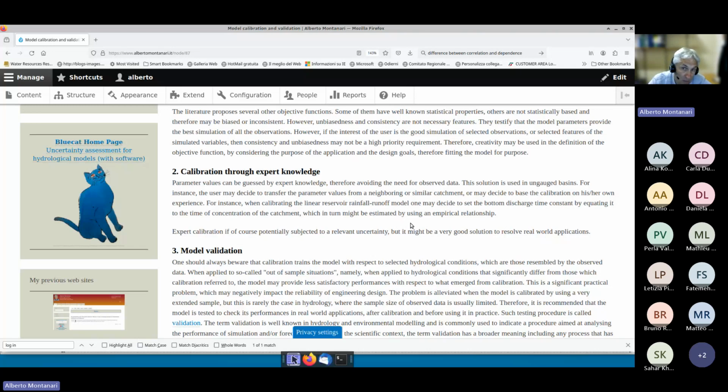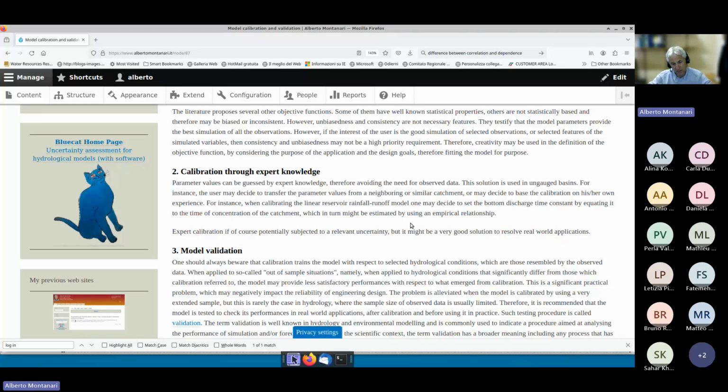Now they are becoming available for the past 70 years. They are not really observed data, but in a way, they are derived from observed data through a kind of reanalysis. But even 70 years is not a long time in order to calibrate a climate model that has a lot of parameters. So very often the climate models are calibrated through expert knowledge.